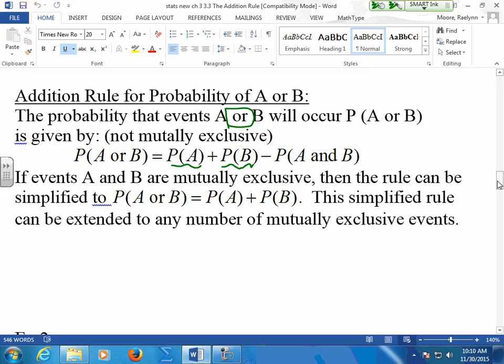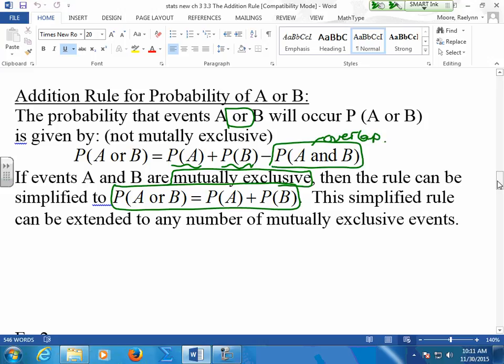And if they are mutually exclusive, that's all that will happen, because they have no overlap, nothing in common. So we can take the probability of getting a Ford, the probability of getting a Toyota, and figure out the probability of it being a Ford or a Toyota. That's mutually exclusive. If they are not mutually exclusive, such as the jacks and the face cards, then we have to subtract out where they overlap.